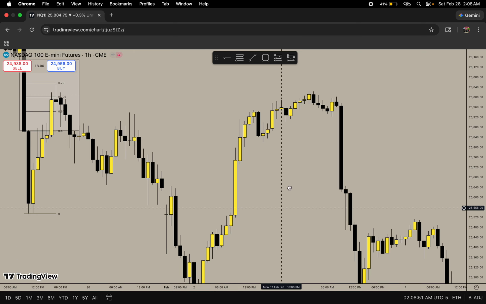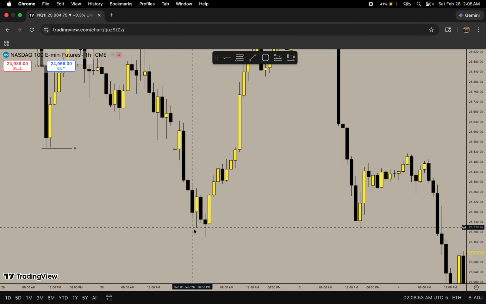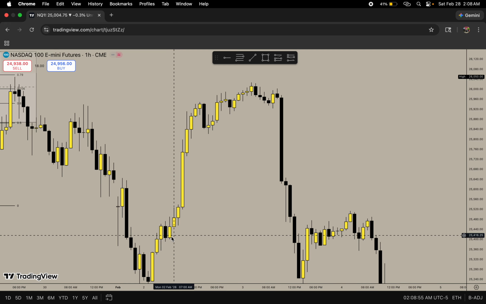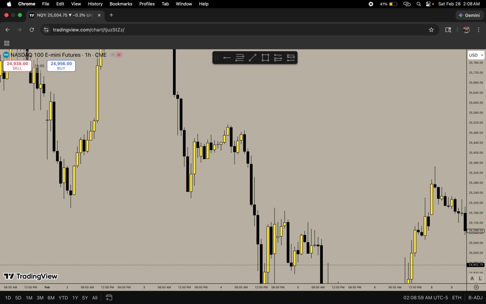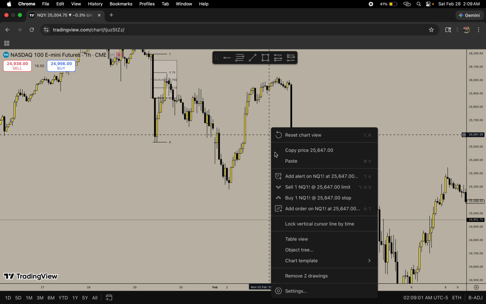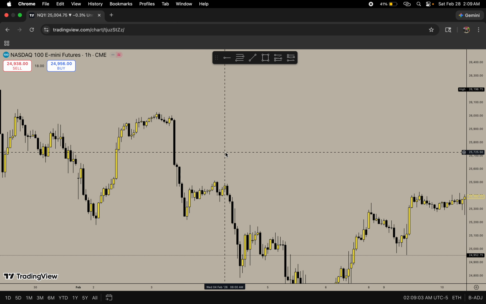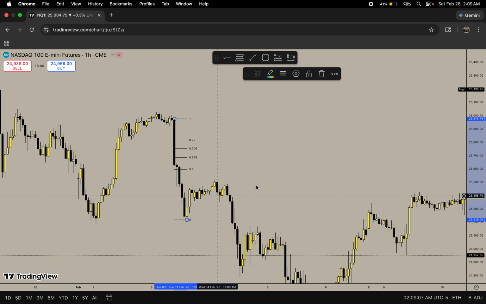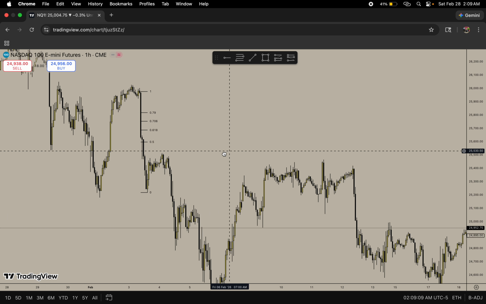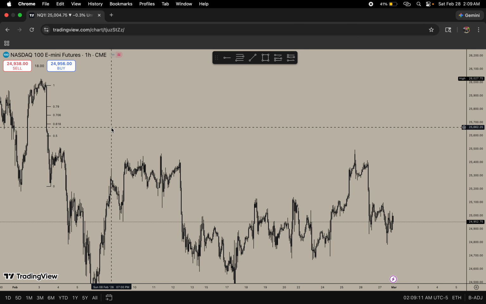Same thing, shooting back up. In this case, nothing. Price never came back into here, just displaced lower. Same thing here. Price never came back into this area.